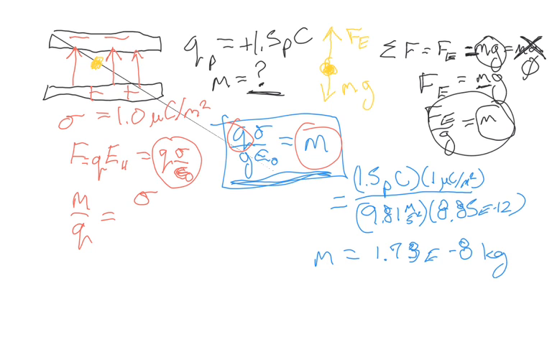Well, it's going to be sigma over g epsilon naught. And so that's just a ratio that essentially says the mass over the charge is going to be equal to that, no matter what.